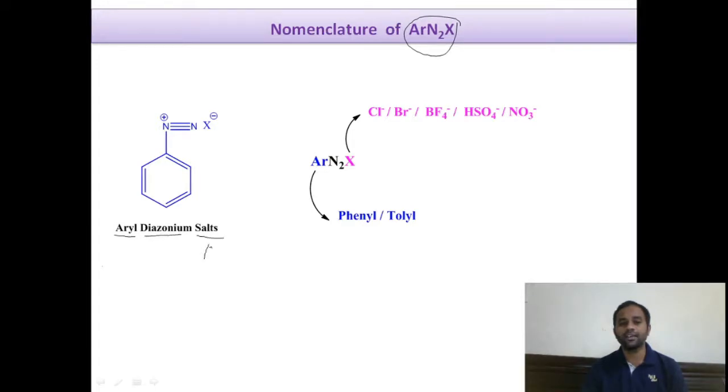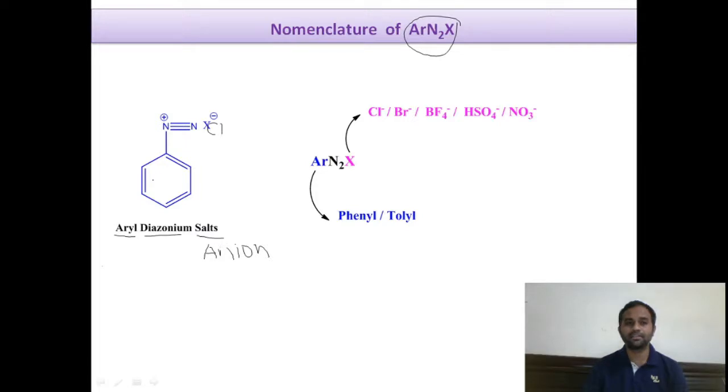For example, if you replace this X with a chloride anion, what is the name of this compound? Here the aryl part is benzene, so it is benzene diazonium chloride. First the name of the aryl part, then diazonium, then the anion name.